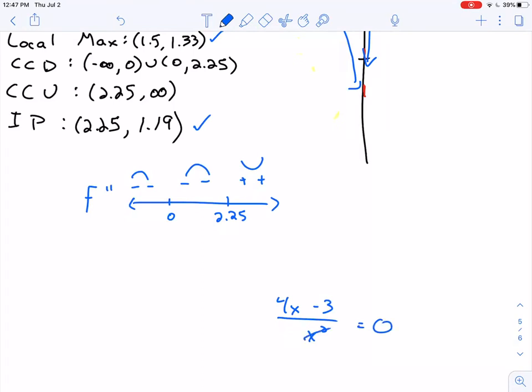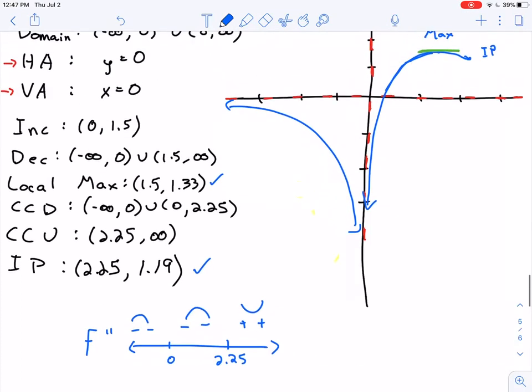We'll multiply both sides by x squared. 4x minus 3 equals 0 gives me 4x equals 3, gives me x equals 3/4. That means it crosses the x-axis at 3/4. That means it has to cross. So really that point should probably be over here somewhere, but I'm going to go ahead and say that's fine.